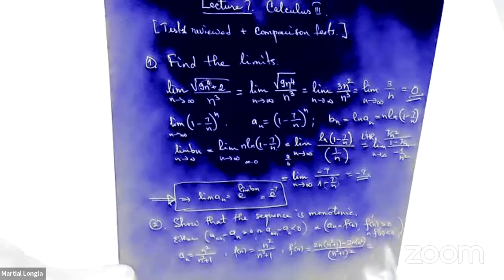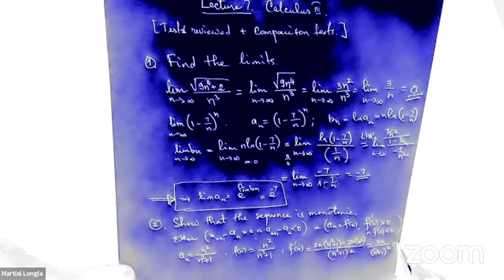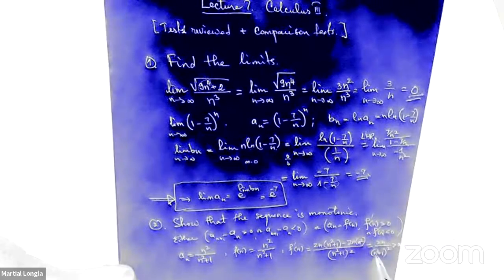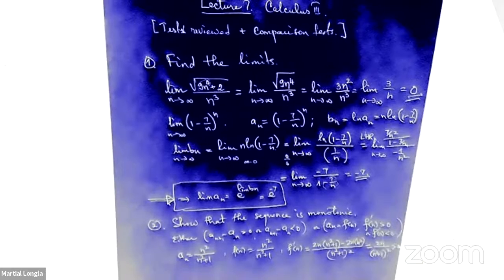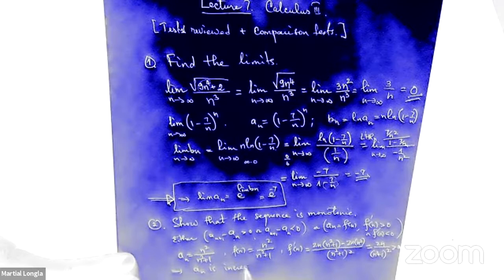And when you do that calculus, you see that you get 2n over n squared plus 1 squared. And this is positive because 2n is positive, n squared plus 1 squared is positive. That's it. Just take that derivative, you found out it is positive, then an is increasing. So it's monotonic.